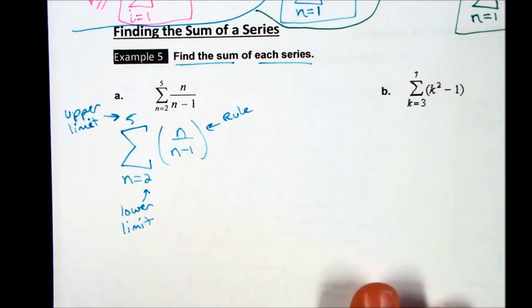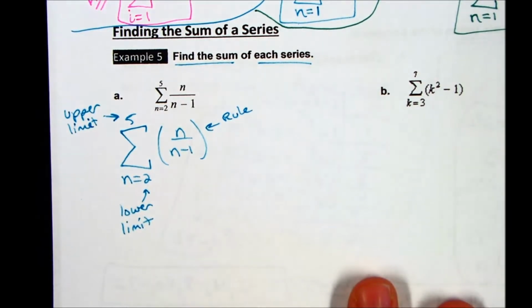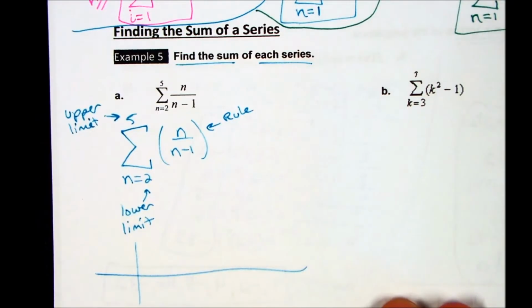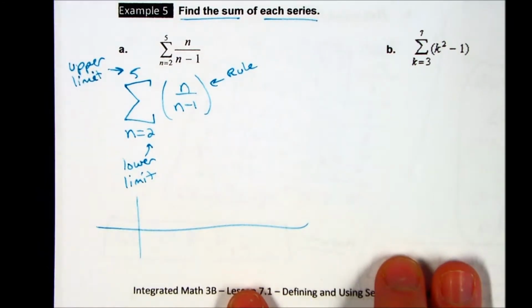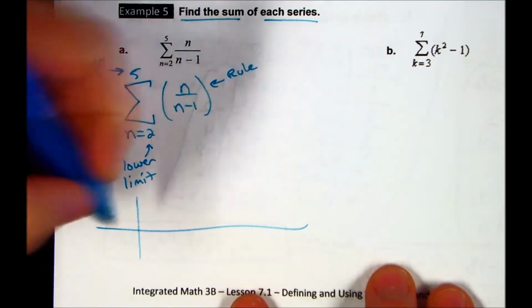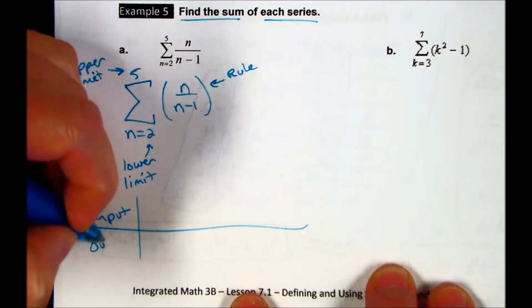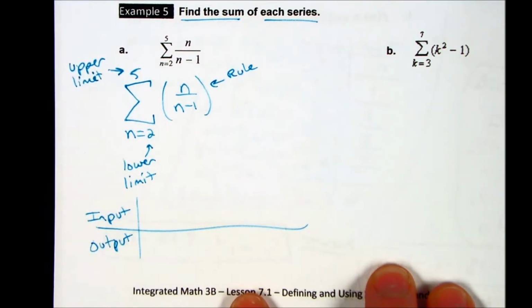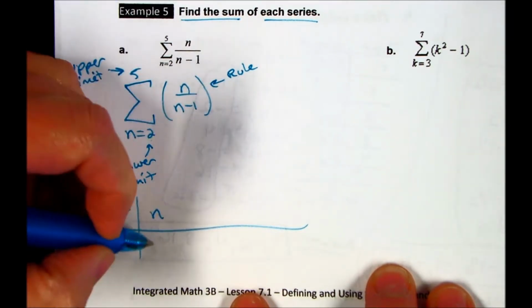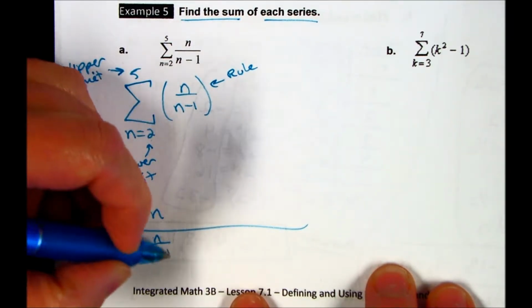So just like I did on the last page when I was trying to find the first 6 terms of a sequence, I'm going to make a table. So let's make it horizontal here to make the most of my space. So I have my input and my output, which my input is n and my output is basically my rule, n over n minus 1.